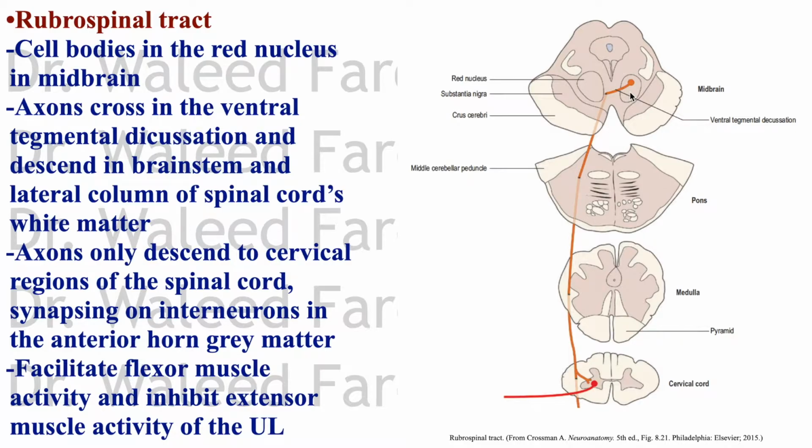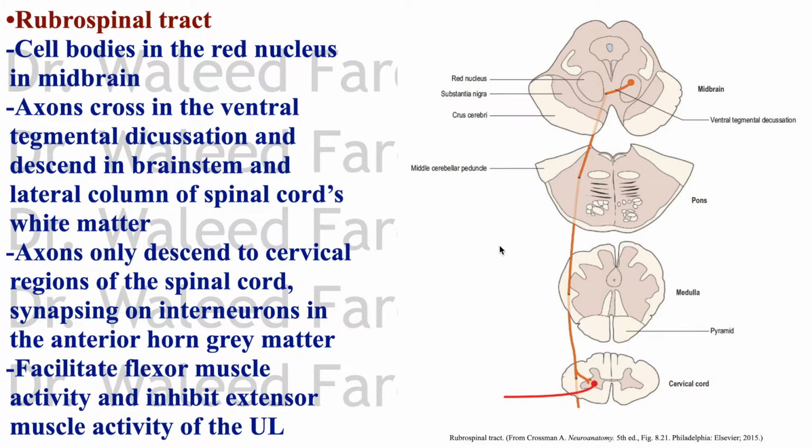It descends in the brainstem and the lateral column of the spinal cord's white matter. Axons only descend to cervical regions of the spinal cord. They synapse on interneurons in the anterior horn gray matter to control the axial muscles of the neck and the upper back.